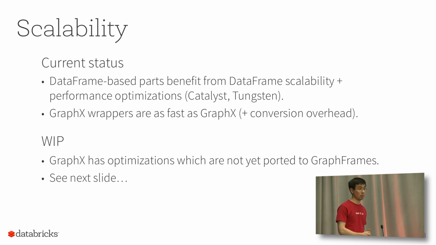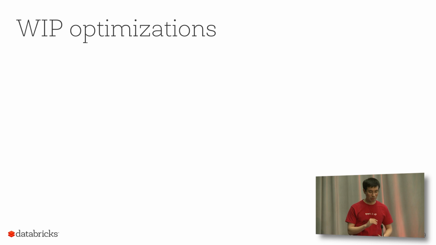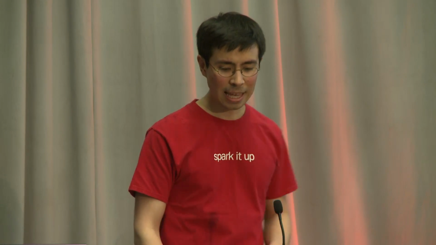But there's work in progress, not just porting algorithms from GraphX to a data frame based implementation, but also GraphX has a few optimizations which are not yet ported to graph frames. So I'll give one slide on this, but also add a link at the bottom to a talk with a lot more info. I'll mention two of the ongoing optimizations.